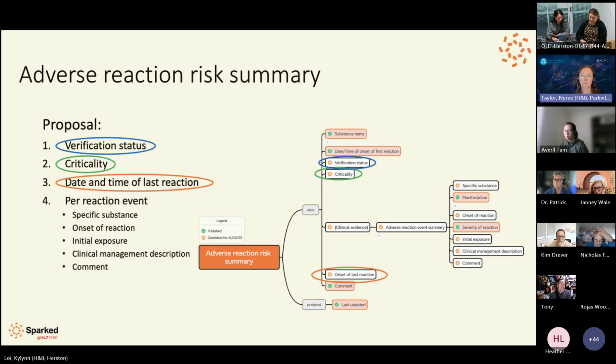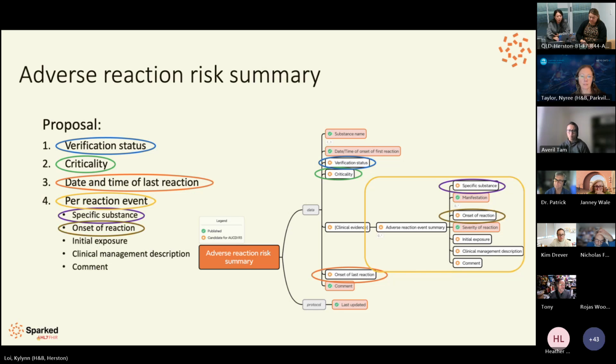And then per reaction event, the proposal included a specific substance, so knowing exactly what the substance was that was causing the reaction, the onset of reaction, the initial exposure, and the clinical management description.